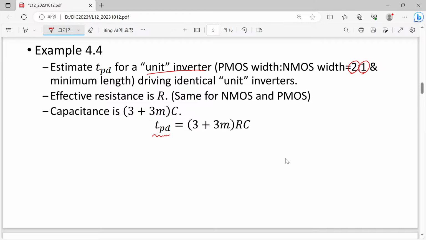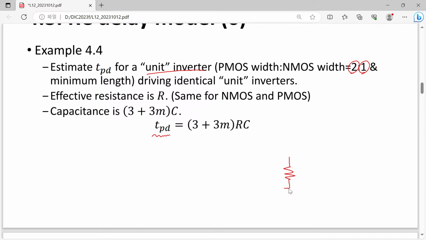In either case of output rising or output falling, everything is quite equal to this R. For example, the MOSFET contributes this kind of thing.